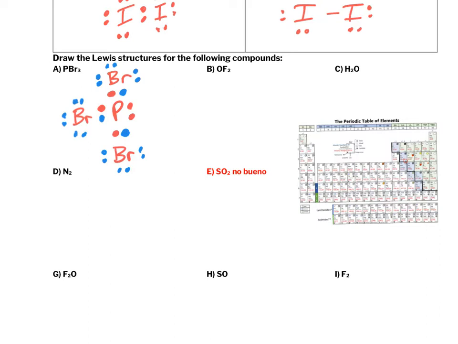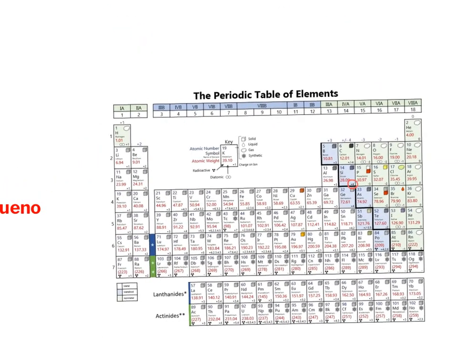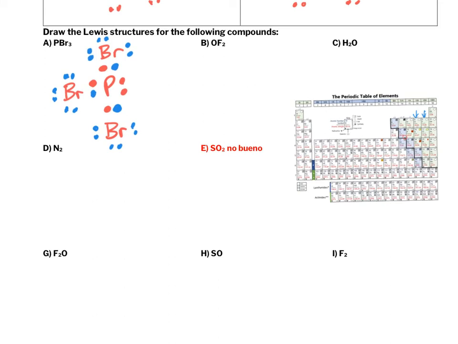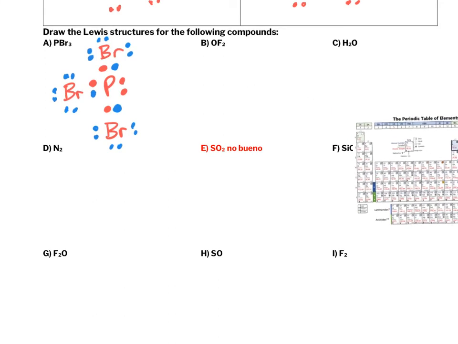All right. OF2. O should have 6 dots, and F should have 7 dots. Let's start by putting the oxygen in there. Oxygen has 6. Fluorine, a halogen, should have 7.